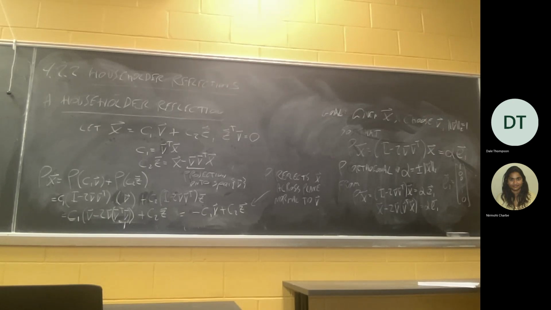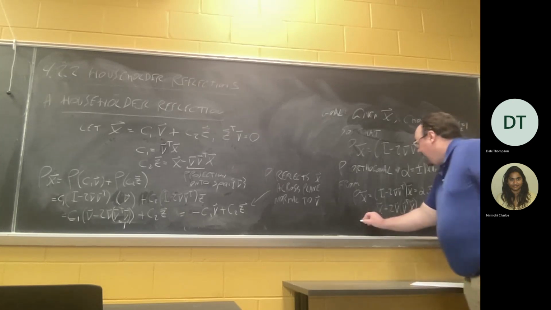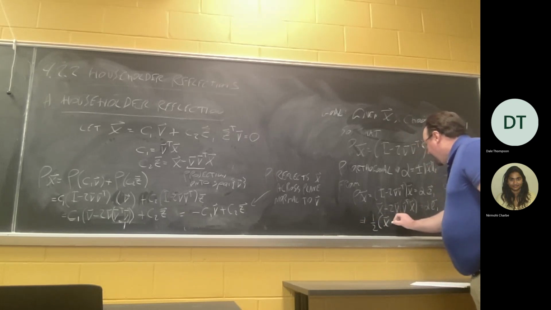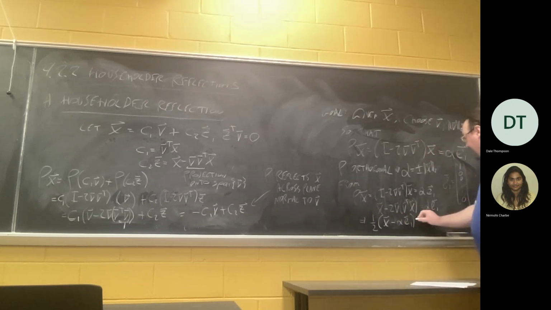So then if I rearrange this, I end up with 1/2 (x minus alpha e1) is equal to v transpose x times v.